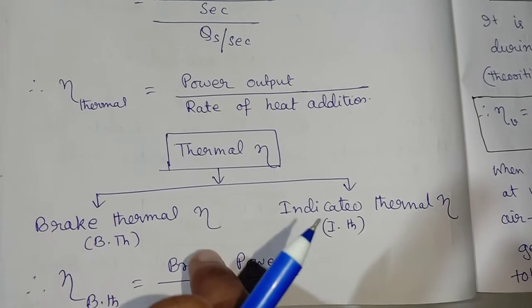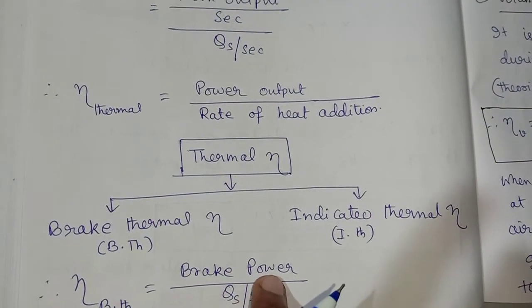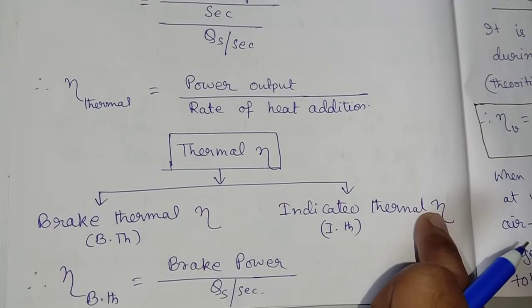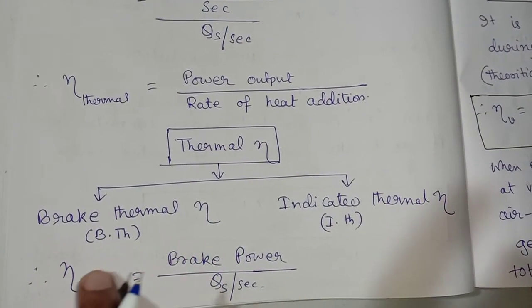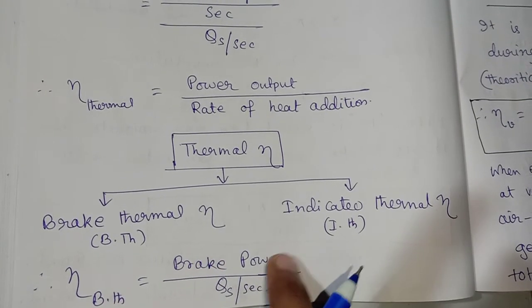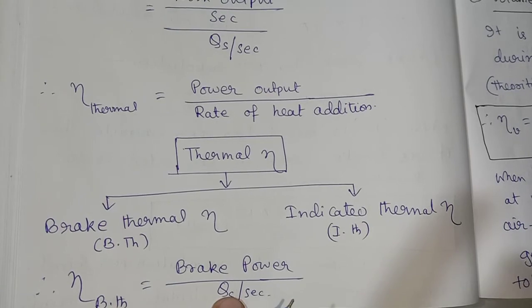That means the power output is brake power for brake thermal efficiency, and for indicated thermal efficiency the output is indicated power. So brake thermal efficiency is equal to brake power by rate of heat addition or heat supplied.